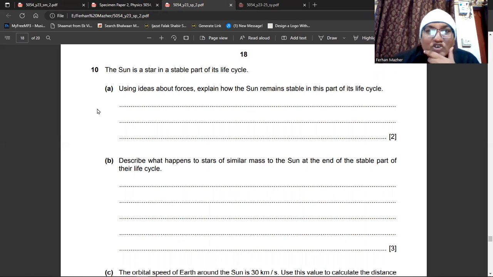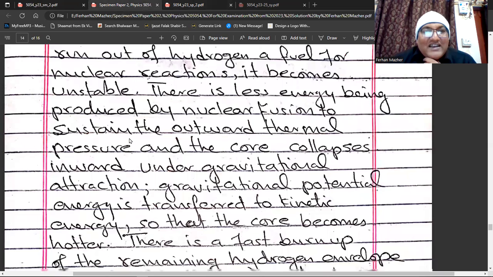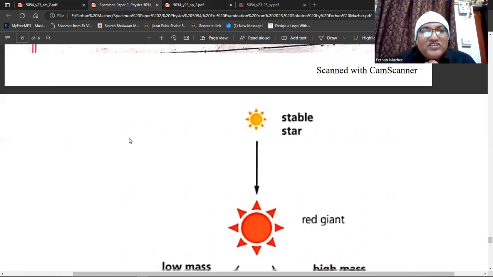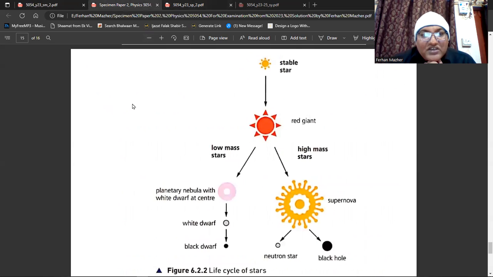Let me show you. I have that answer, and it's a pretty long, lengthy question. This is a diagram which shows what happens. If the star is stable, and its fuel is used up, the stable cycle is finished and it will become a red giant.